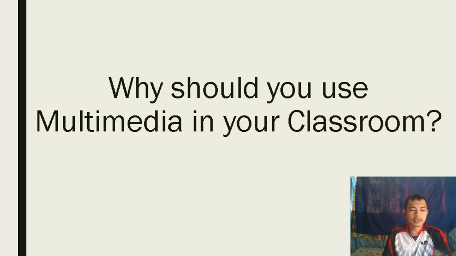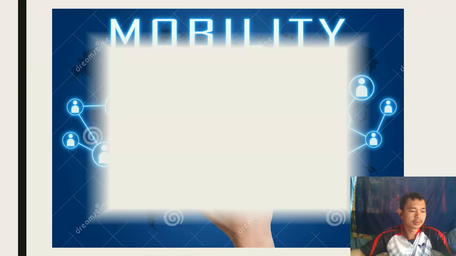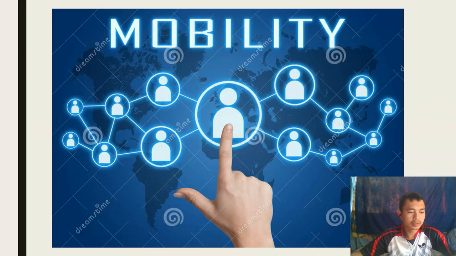First is mobility. We are in a world on the go. So cell phones, iPads, and laptops are in the hands of the vast majority of adults, quickly becoming the primary means by which we communicate.